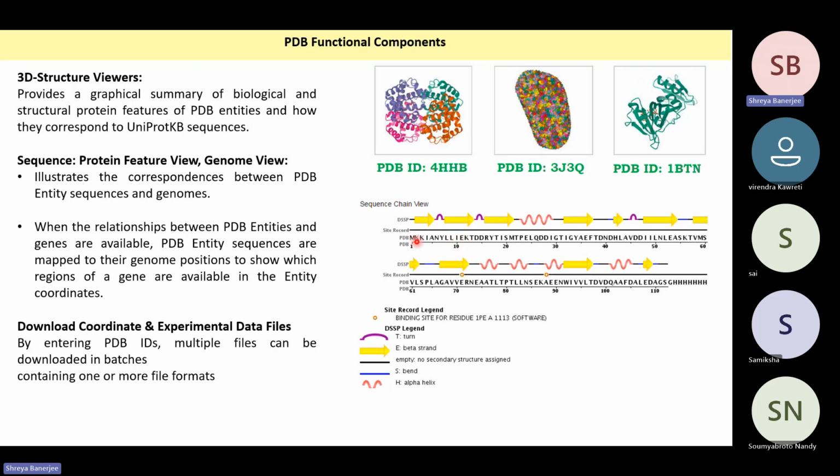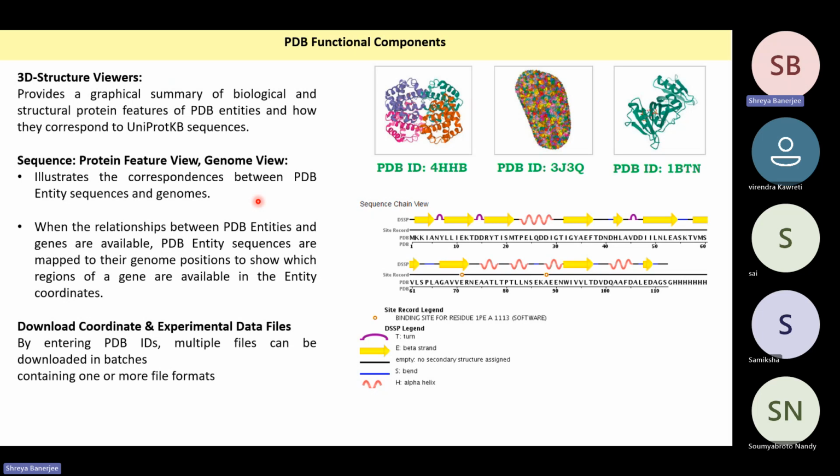Here the amino acid sequence is given, and above that it shows the secondary structure. This region is forming a beta sheet, this is a turn, this is a helix. All this information will be deposited in the PDB file, that is, which region of the amino acid chain is forming what secondary structure. And also you can have correspondence between the PDB sequence and genome.